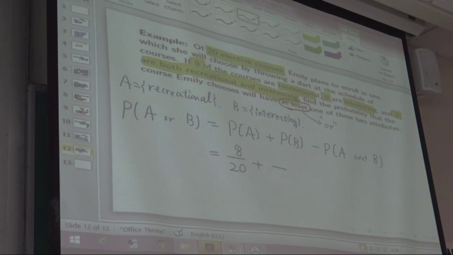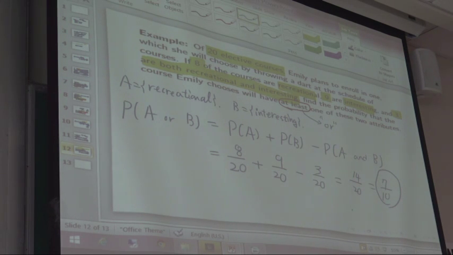Sorry, 9 over 20, because 9 are interesting. And the overlap between those two, which is the AND case, is 3. So if we compute that, we get 14 over 20, which is 7 over 10. That is the probability of at least one of the two categories.